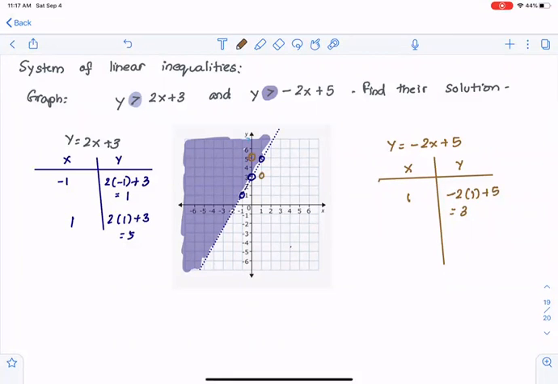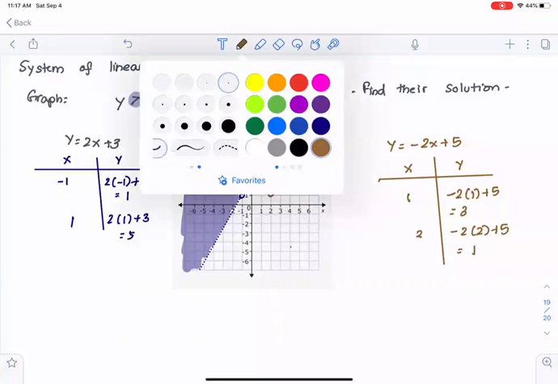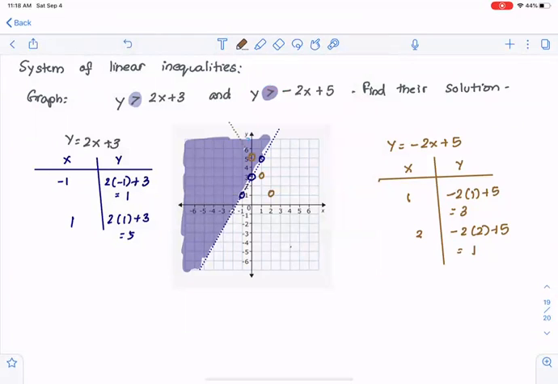So I get there, and -2 times 2, I'm plugging in x is equal to 2, plus 5. So -2 times 2 is -4. 5 minus 4 is 1. So when it is 2, we get 1. We need a dotted line. And everything above the dotted line is our solution.